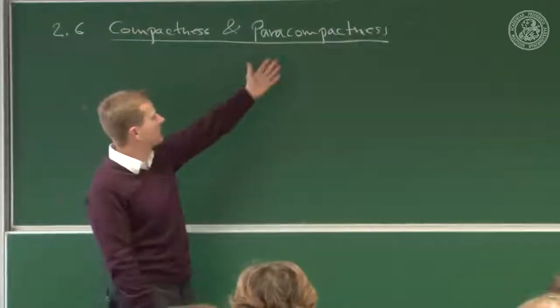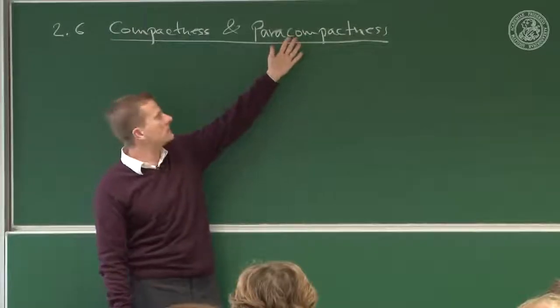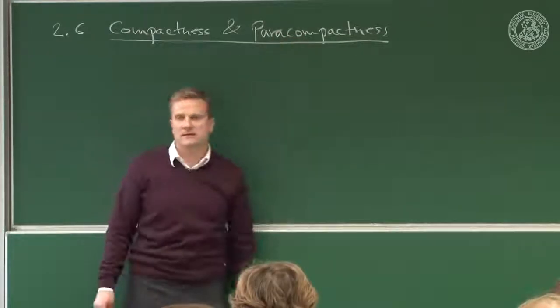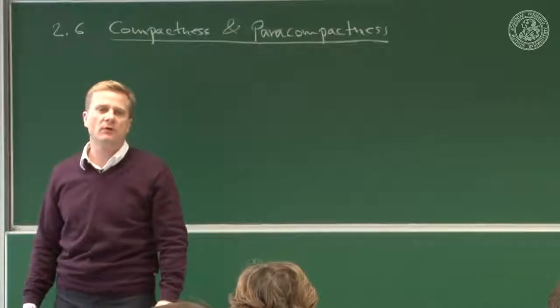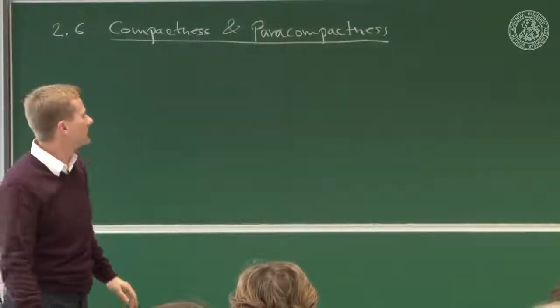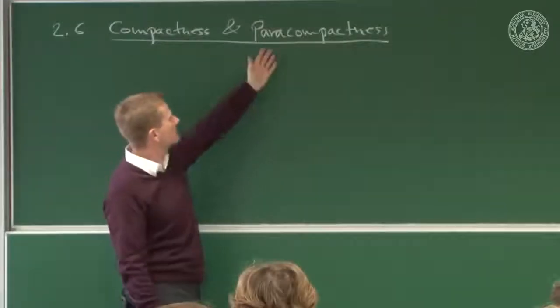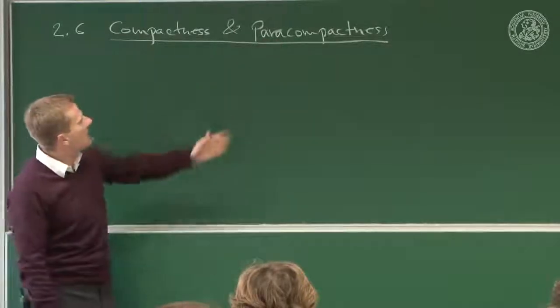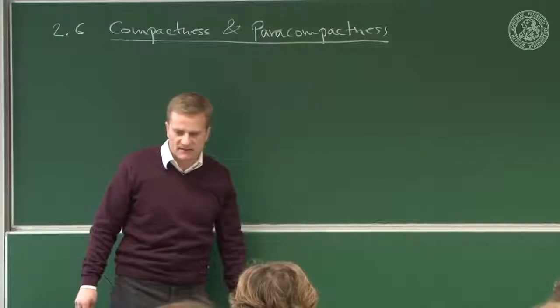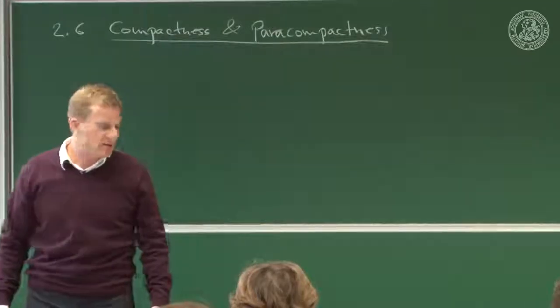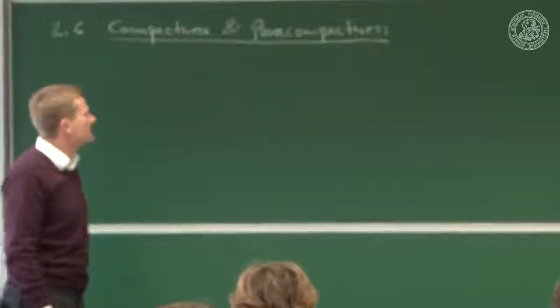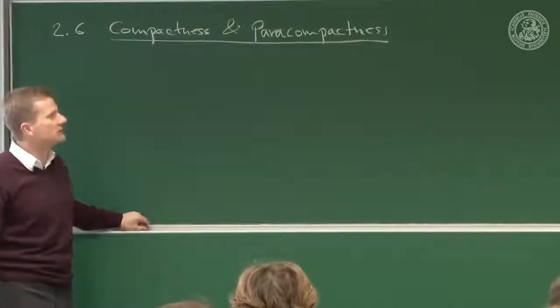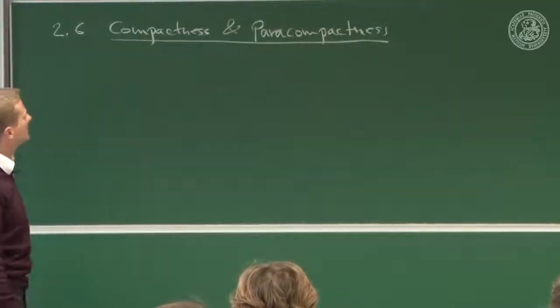And for manifold theory, which will be our concern later, paracompactness is a fundamental assumption that we will always make, similar to the Hausdorff assumption, because Hausdorff, that was the T2 separation property, plus paracompactness gives us a very convenient property of a space, namely that there exists a so-called partition of unity. That is what I'm going to present now.